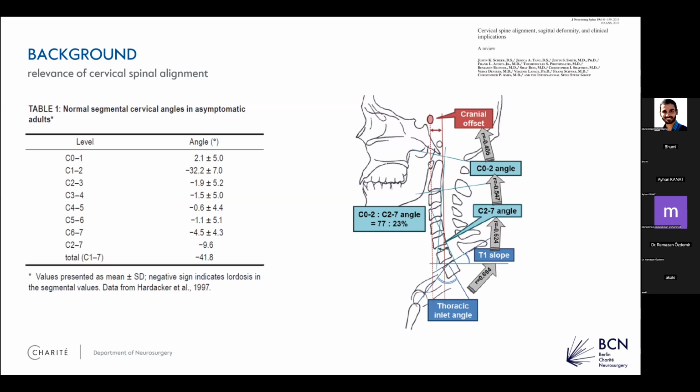And the subaxial spine, C3 to C7, is responsible for only 1/3 of the cervical lordosis. So there are some parallels between the cervical alignment and the lumbar alignment and how it's organized.